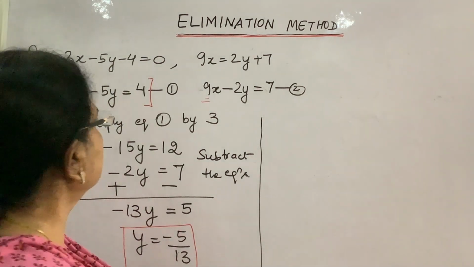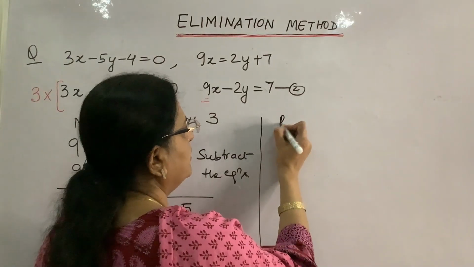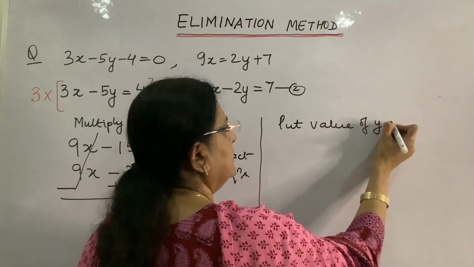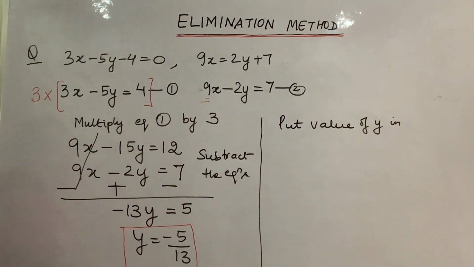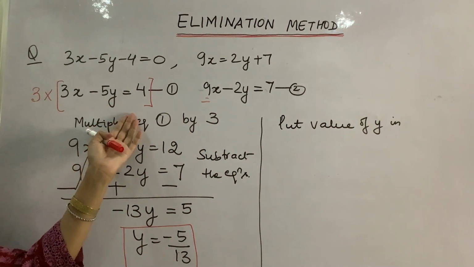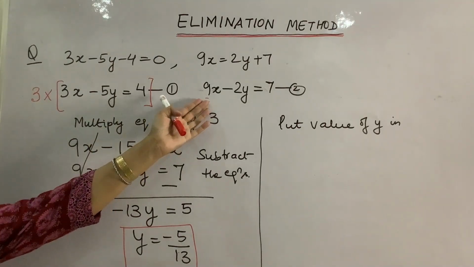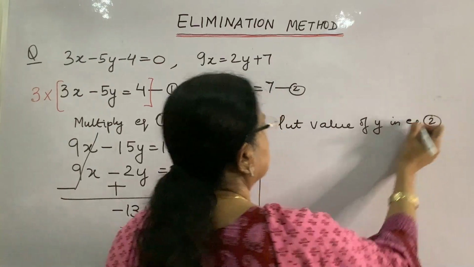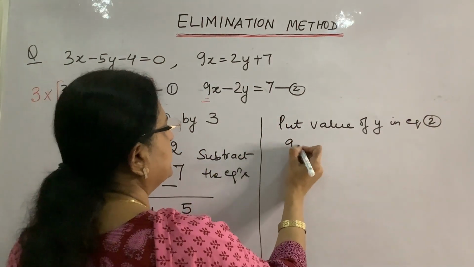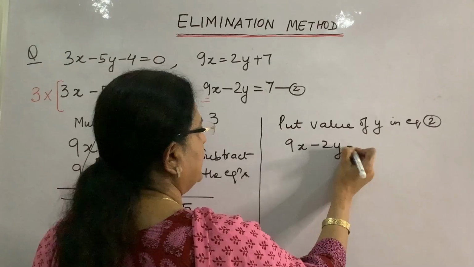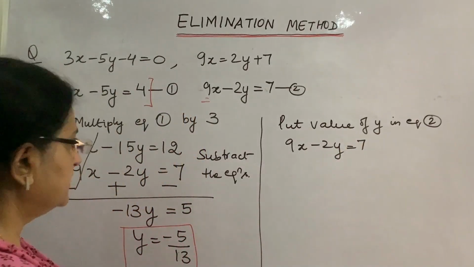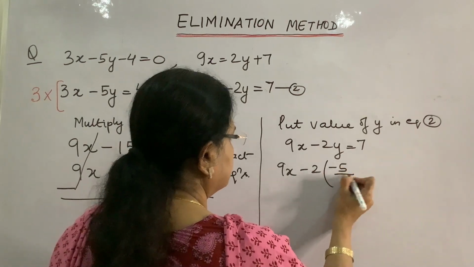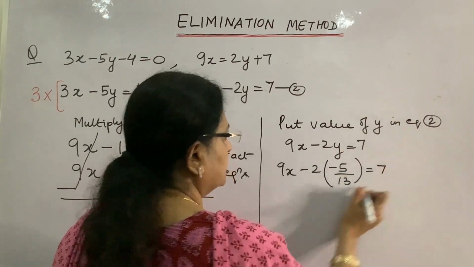Now for the next value, substitute or put the value of y in which equation? It can be either equation 1 or equation 2. So I put the value of y in equation 2. Equation 2 says 9x minus 2y is equal to 7. So 9x minus 2 into minus 5 upon 13 is equal to 7.